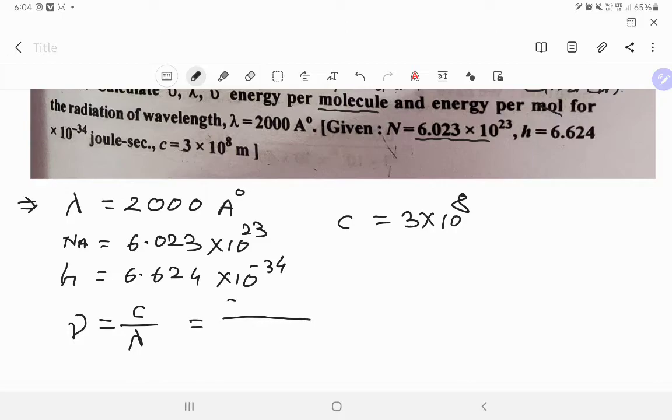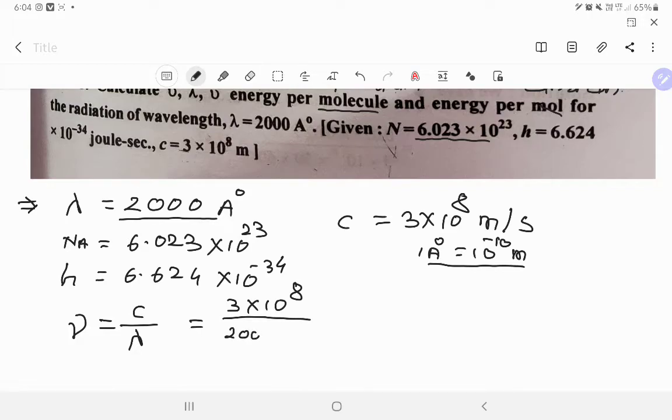Simple problem. 3 into 10 raised to 8 divided by lambda. This is in meter per second. And lambda is given in angstrom. 1 angstrom is equal to 10 raised to minus 10 meter. Therefore, lambda will be 2000 into 10 raised to minus 10.